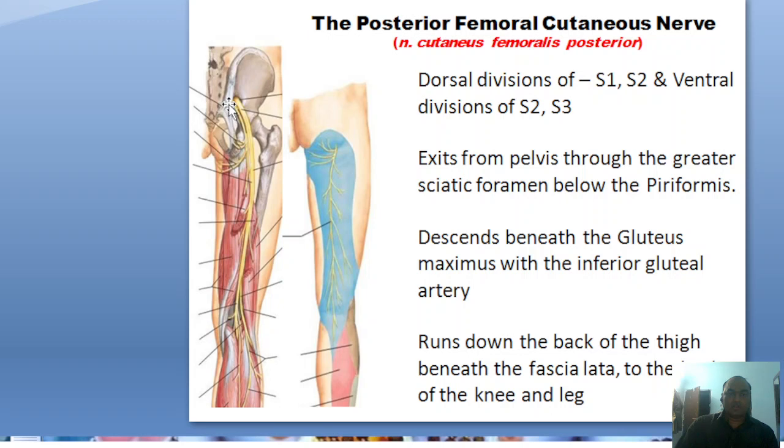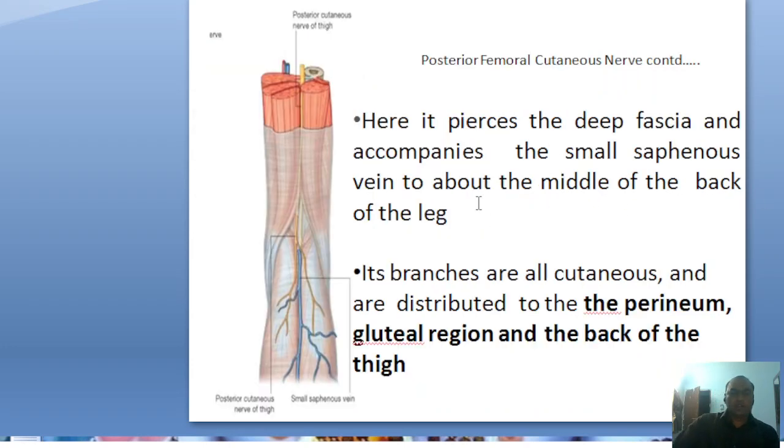This is passing through the greater sciatic foramen below the piriformis muscle. After piercing the deep fascia, it accompanies the small saphenous vein in the lower part of the back of thigh. Here it pierces the deep fascia and accompanies the small saphenous vein.